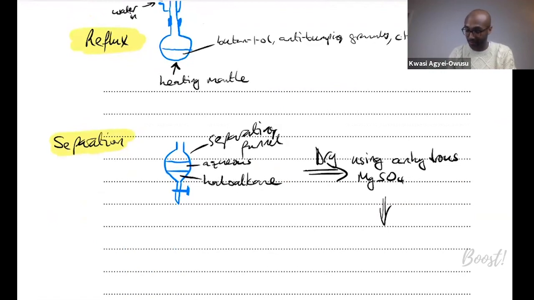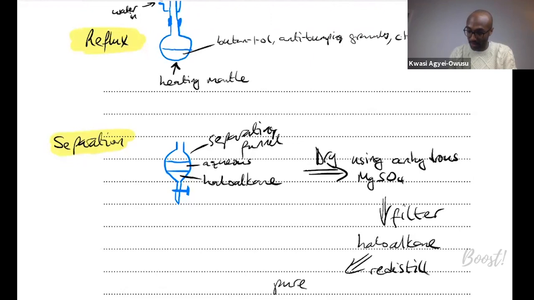So filter under gravity should be enough, and you should then have your haloalkane. And if you want to go a step further, you can then redistill it and have your pure haloalkane.